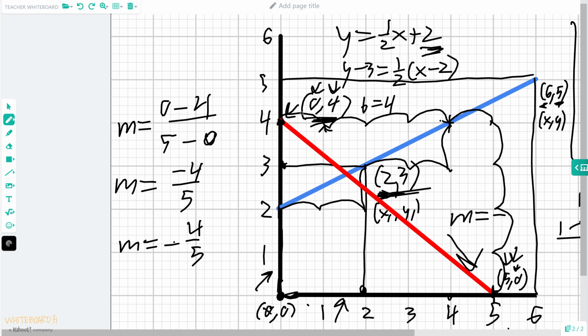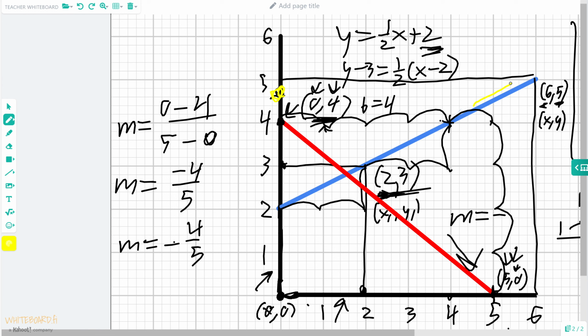So those are the key components of linear equations, and you just have to remember mainly slope and y-intercept, and how the y-intercept is simply where the equation crosses the y-axis, and how the slope is just the angle or the rate at which the graph is going up or down.